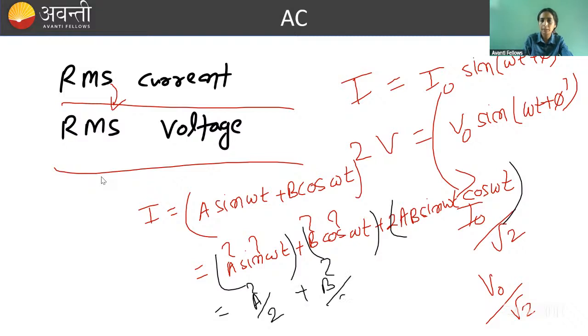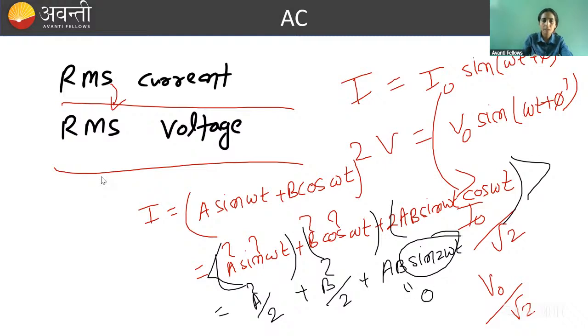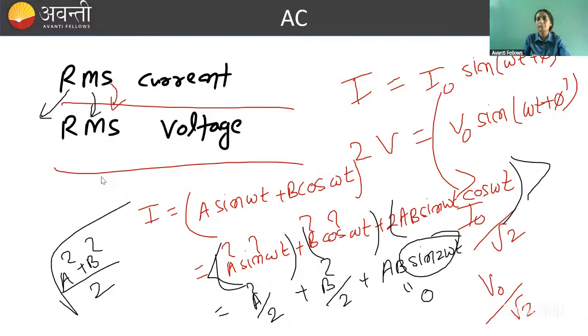Here B square by 2. Now what is this term? AB sine 2 omega t. And average of sine is always 0. So this will become 0. So overall how much is it? A square plus B square by 2. So you did square first, then you took the mean, now you are going to take the root. So take the root of it. That is your answer. So this is how we can do it.